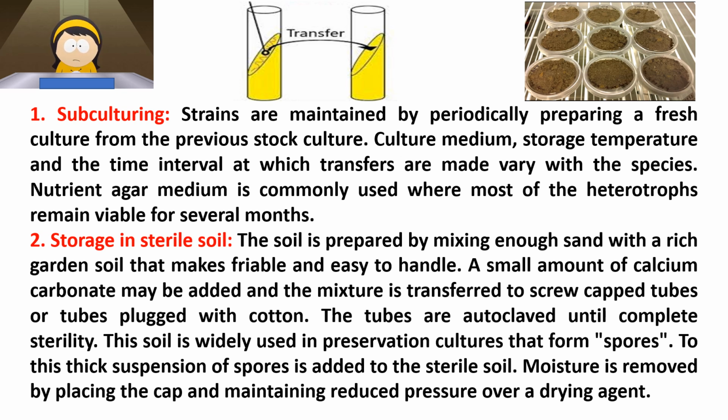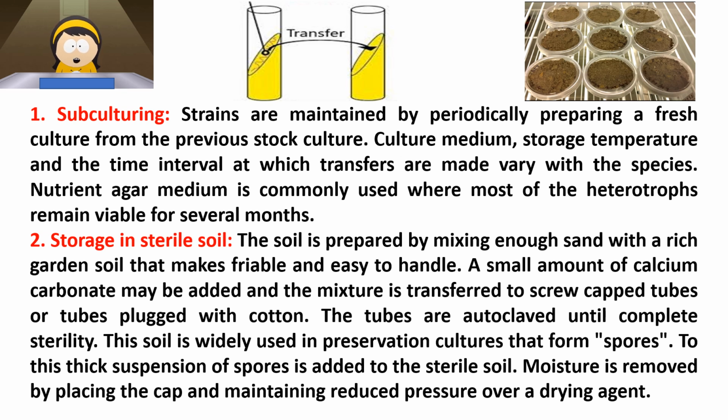2. Storage in sterile soil. The soil is prepared by mixing enough sand with a rich garden soil that makes it friable and easy to handle. A small amount of calcium carbonate may be added and the mixture is transferred to screw-capped tubes or tubes plugged with cotton.